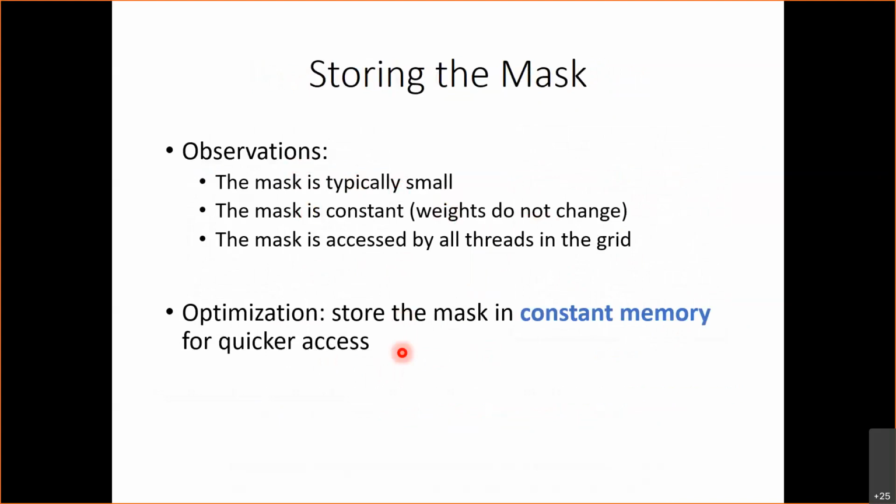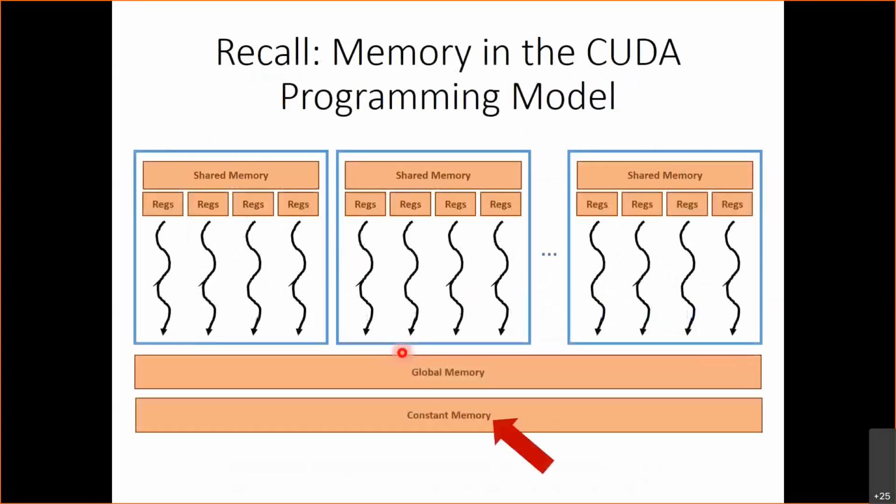So if you remember, when we introduced the CUDA programming model, we said that threads have access to registers, and each thread has its own registers. Threads in the same block have access to a shared memory, and then all threads in the grid have access to a global memory. Well, it turns out that all threads in the grid also have access to a constant memory. Okay, they also have access to a constant memory.